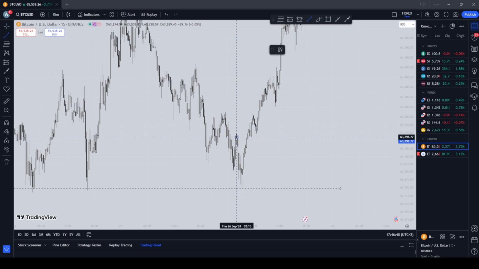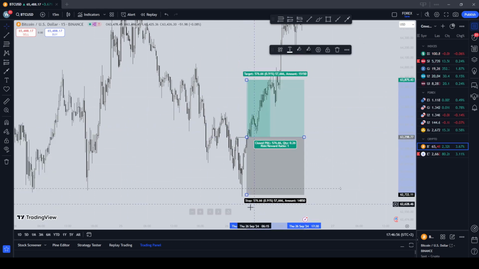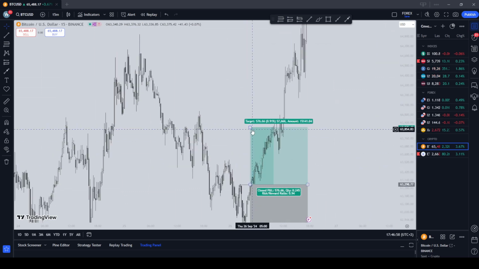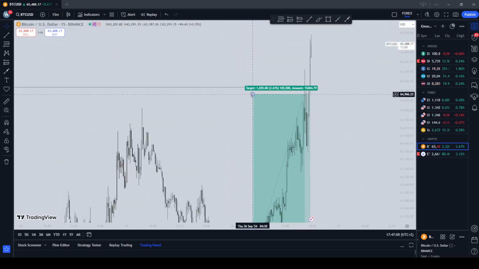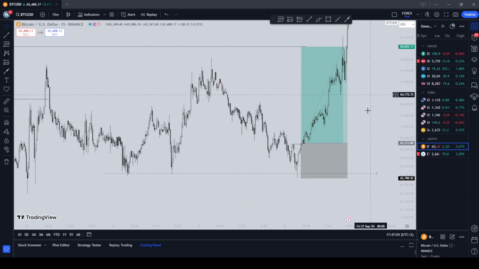Okay, first broken structure, like a confirm on LTF, is enough, so we could enter. So it's an example of how to synchronize timeframes on order flow.